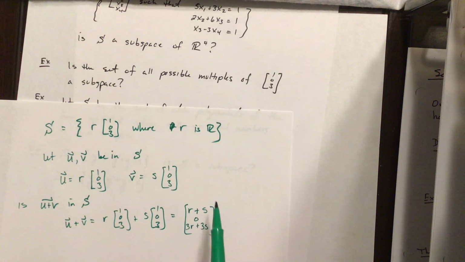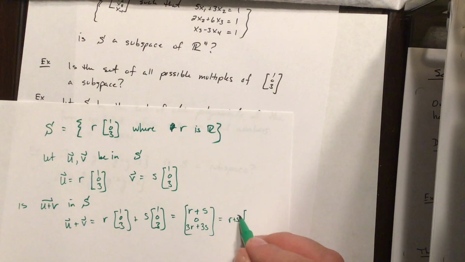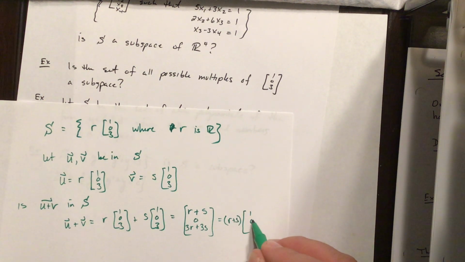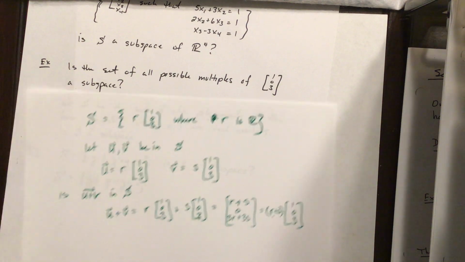Well, this is equal to r plus s times (1, 0, 3). Factor out an r plus s out of all of that, and you get u plus v being a scalar times the vector (1, 0, 3). So it's closed under addition.